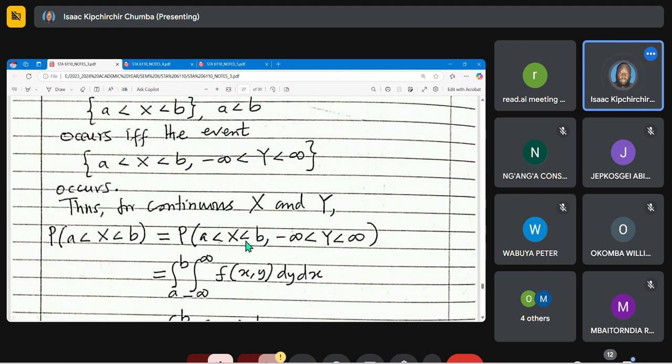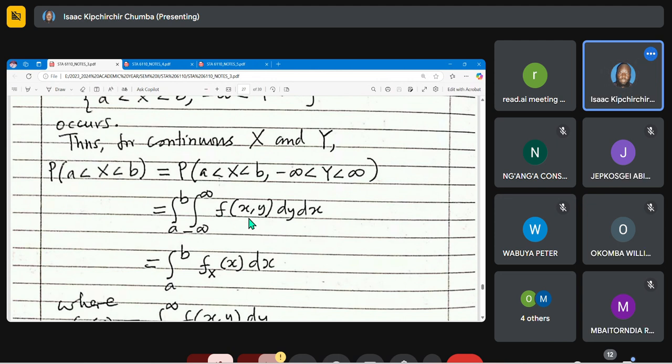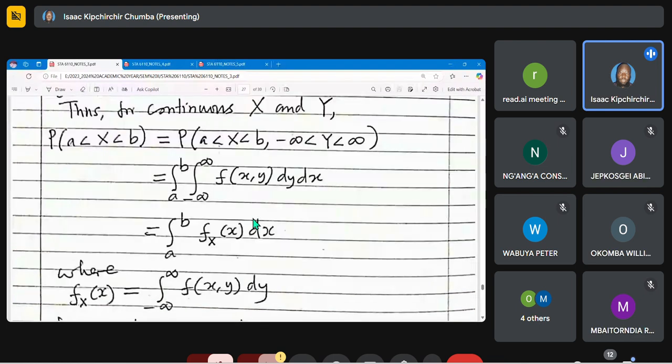So to express the joint probability, we have to use a joint PDF. So we have a double integral where y lies between minus infinity and infinity. You can see we are integrating with respect to y, and then x lies in the interval AB. So we get that probability using a joint PDF. Now, you can see the first integral.